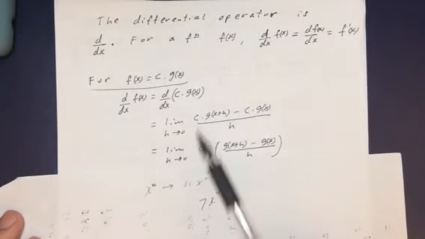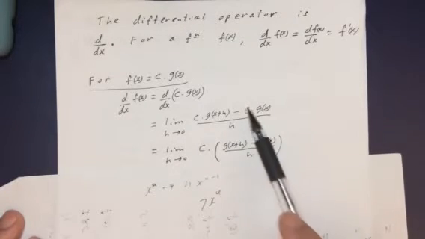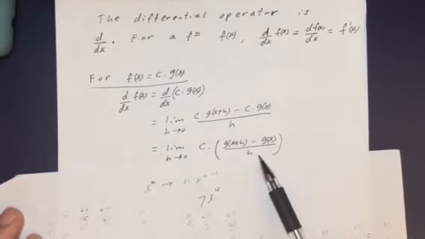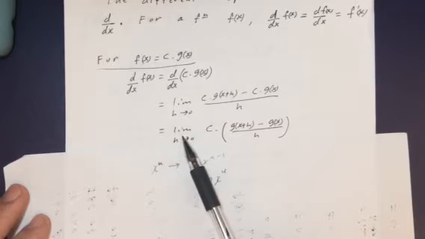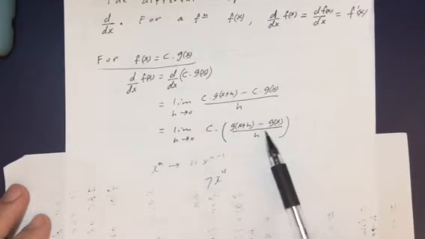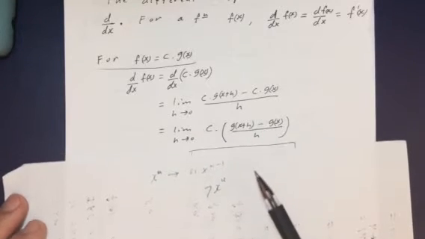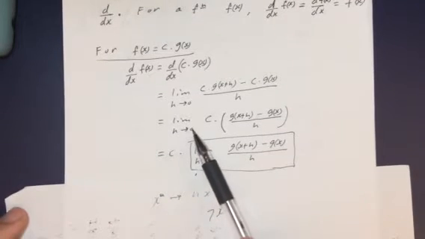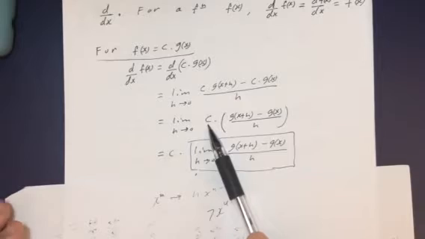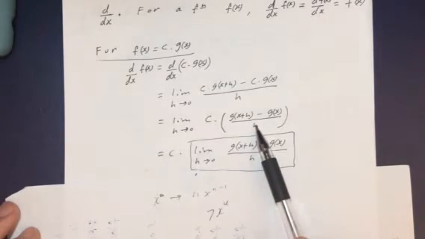Notice we can factor a c out of that. When you factor the c out, we have this. And one of our limit rules is that the limit of a constant times a function is the constant times the limit. You can distribute that in. Or the product of the limit of the constant times the limit of this.